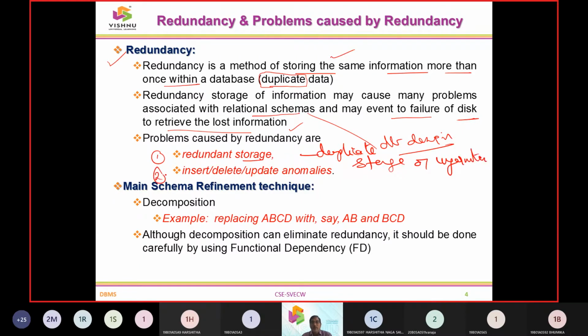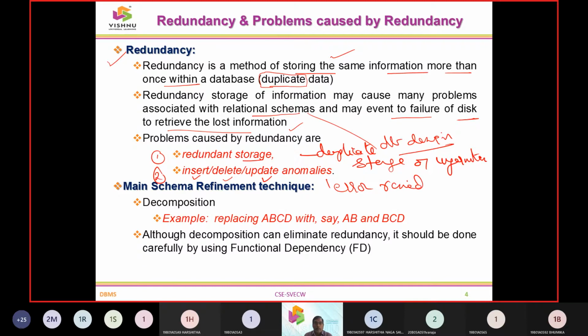Thereby, it affects anomalies. Anomalies are nothing but errors raised. When are these errors raised? These errors are raised at an insert operation, delete operation, or an update operation. When we insert something into a database, or when we delete in a database, or when we update a database, then anomalies come into the picture.